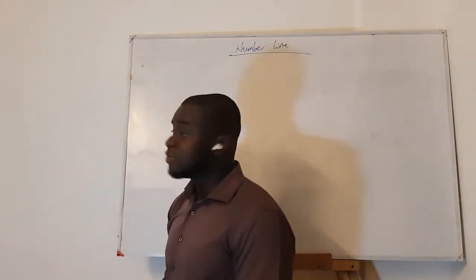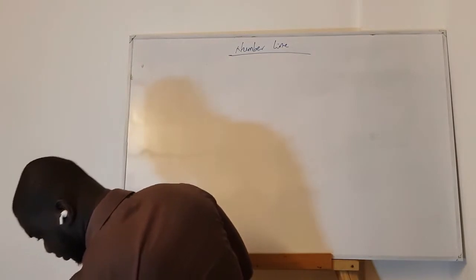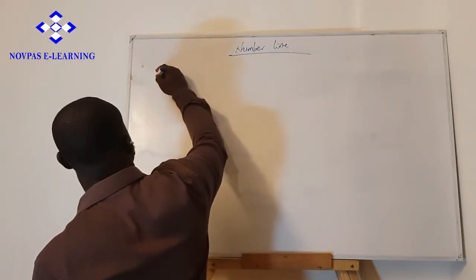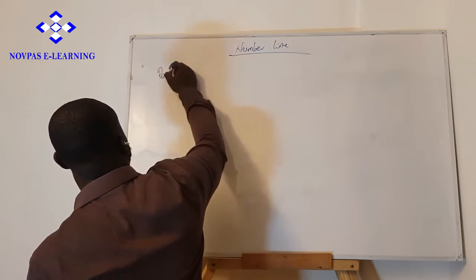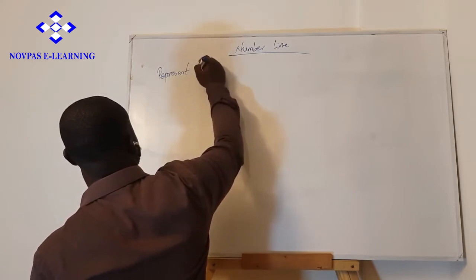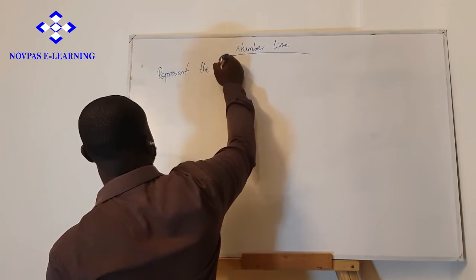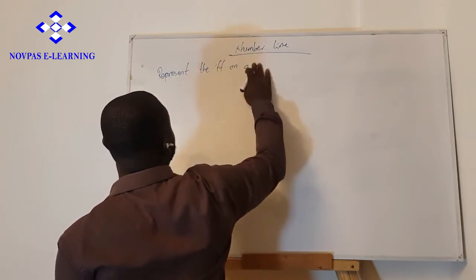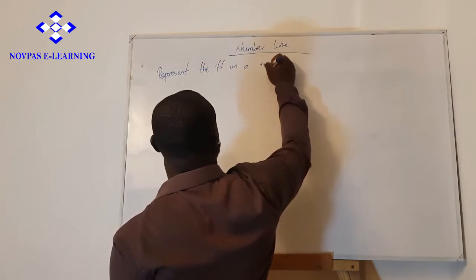Let's go into our textbook for some questions. This represents range of values. Represent the following on a number line.